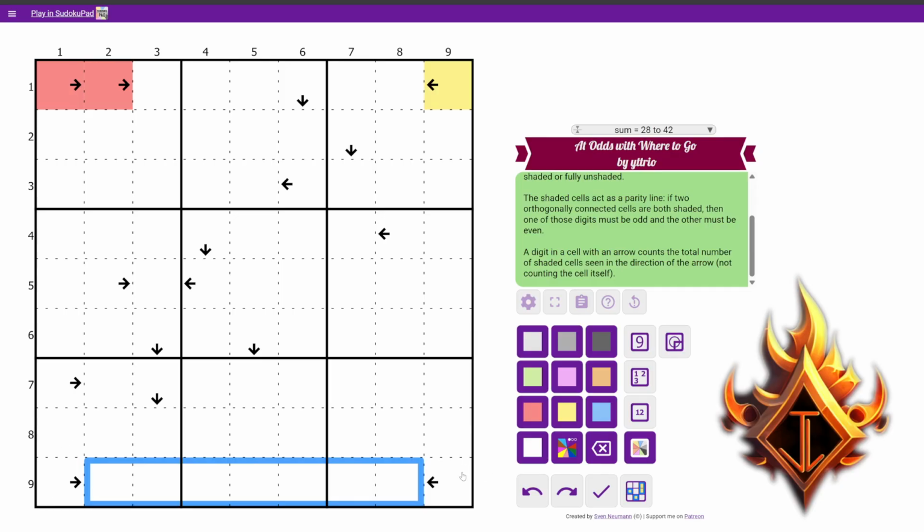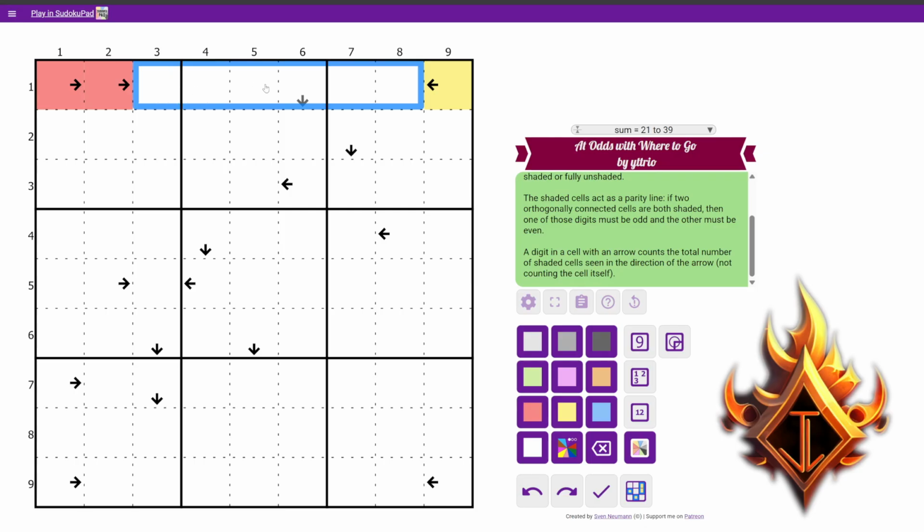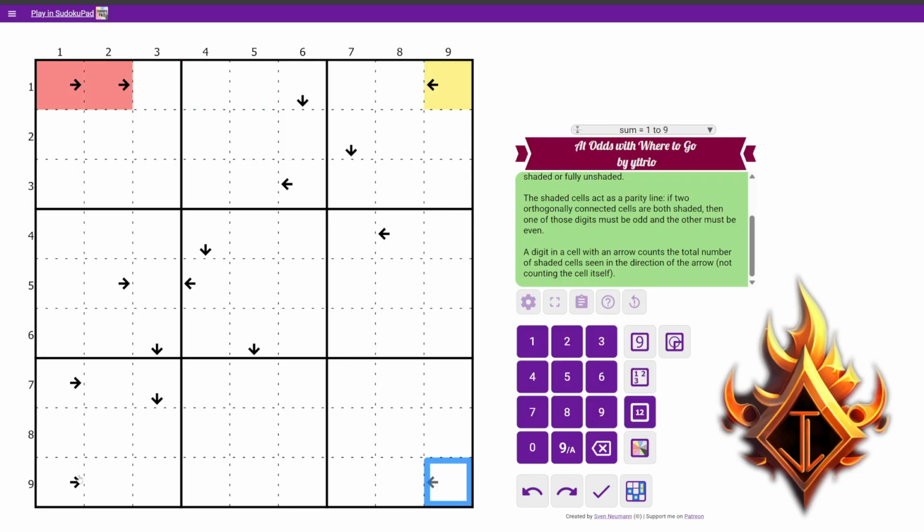So they must be different. And since we know there is a swap up here somewhere, even if all of these are red, there's still a swap on the top row. And there's going to be a swap on the bottom row, at least at a corner, but it could be somewhere in the middle.